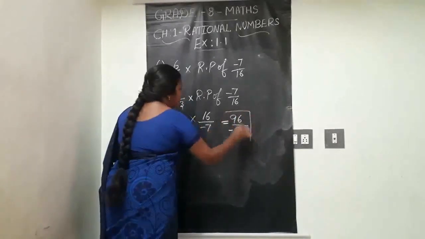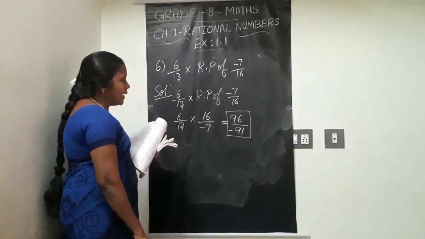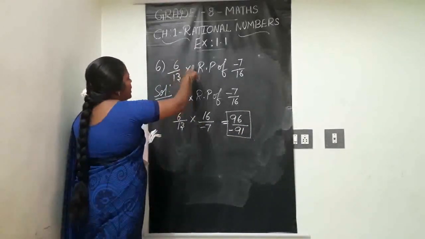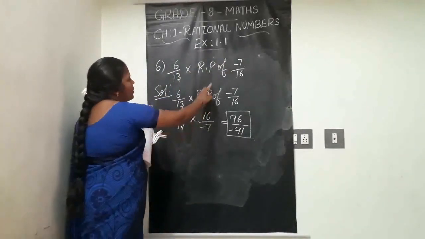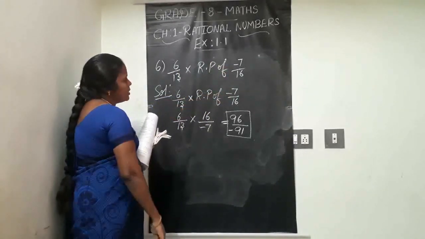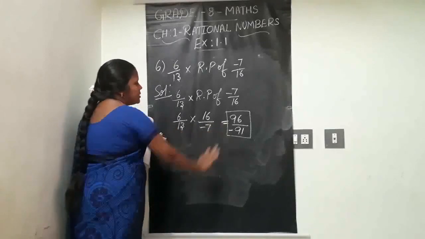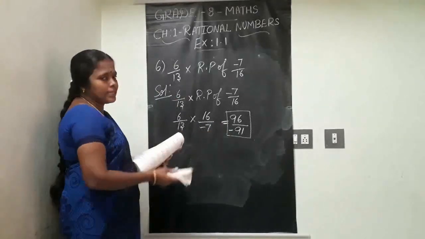So the answer for this question is 96 by minus 91. Clear, children? So we multiply this number by the reciprocal of that. First we take the reciprocal of the second number, minus 7 by 16, and then multiply with the first number. At that time, your answer is this one. Clear? Copy this neatly in your classwork.